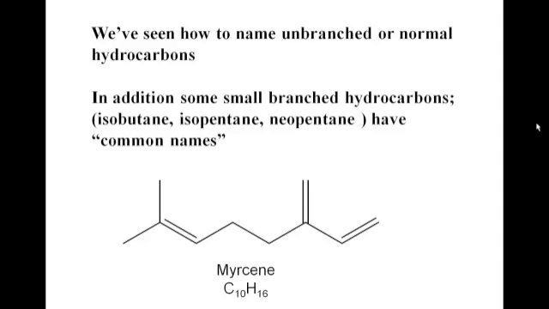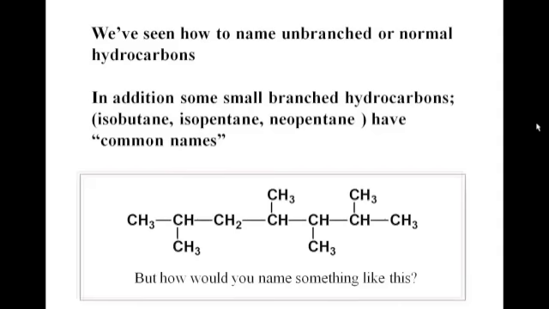Now, there are literally millions of organic compounds that are known, and nobody can memorize millions of common names. So we have a system of nomenclature that is what we call a systematic method for nomenclature, and that's what we're going to describe.